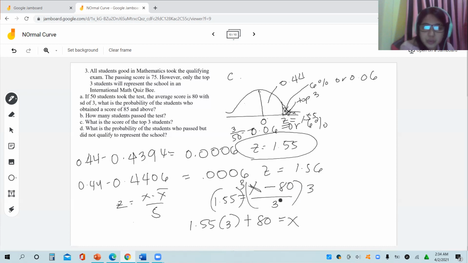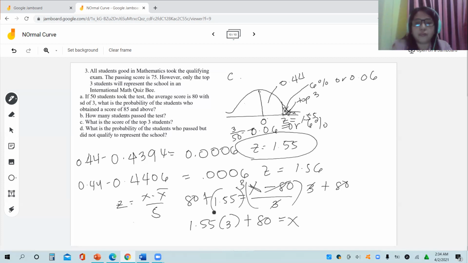So this will be canceled. That's why we have 1.55 times 3. Plus, we add plus 80 to both sides of our equation. That's why negative 80 here was canceled because negative 80 plus 80 is equal to 0. So it is just multiplying by 3 and then adding 80 to both sides.